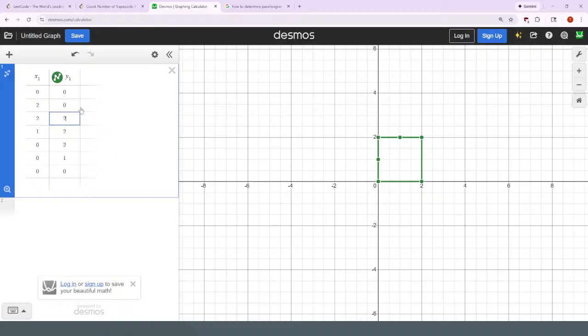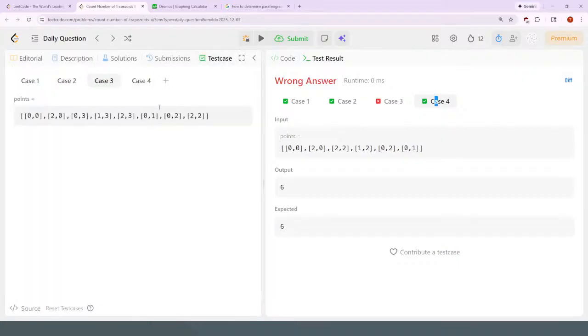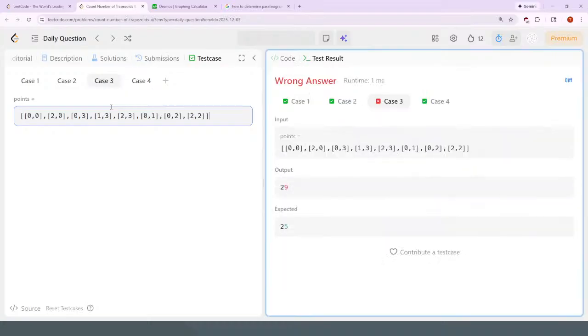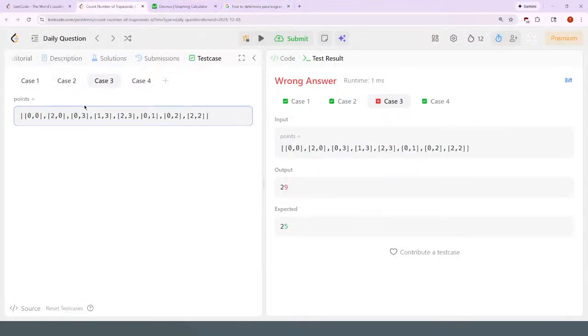Okay. Let's just do this since I have it up. I mean, I assume this is going to be fine. But it could be wrong. Okay. So let's go ahead and make this 2, 2, and maybe add a 1, 0.